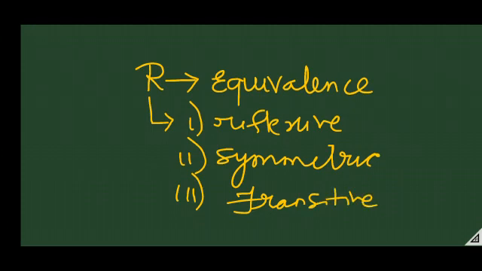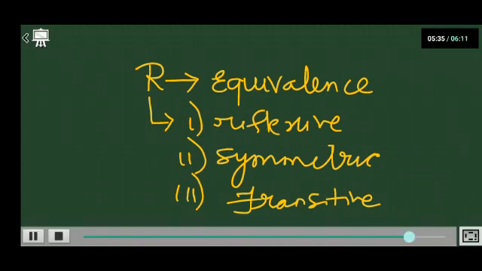So if a relation follows all these three properties, that it is reflexive, symmetric and transitive, then we say that the relation is an equivalence relation. This much is clear to everyone?